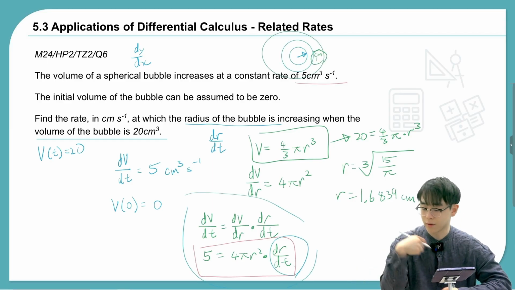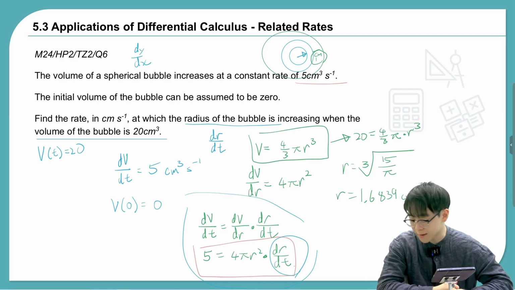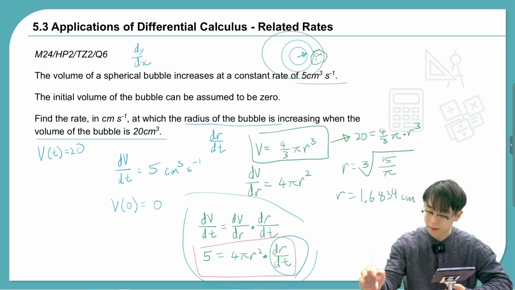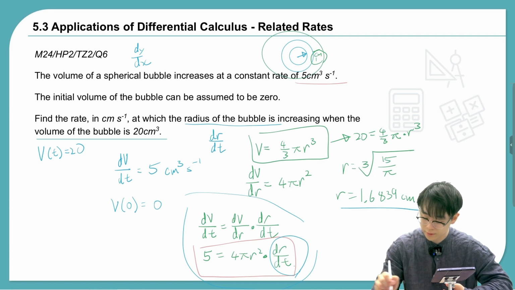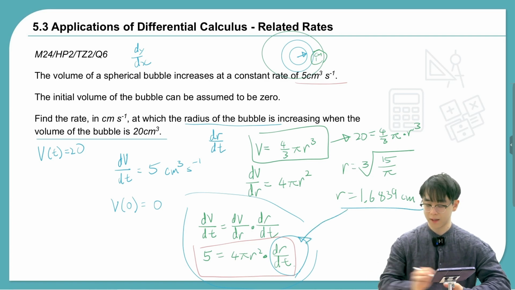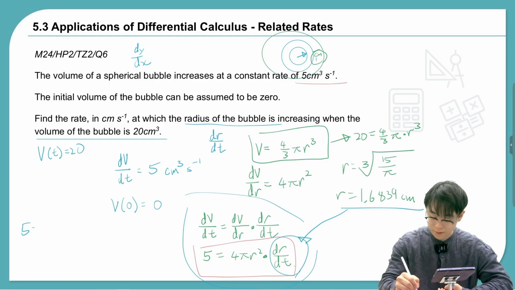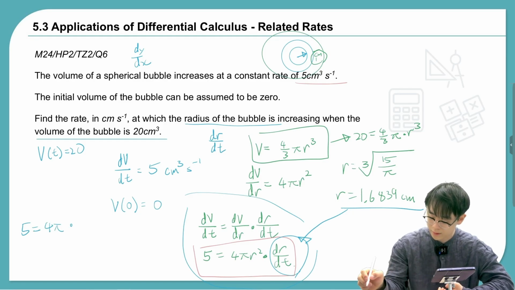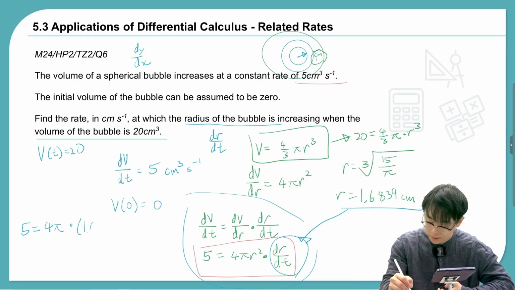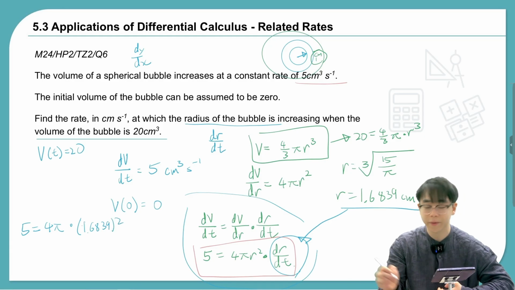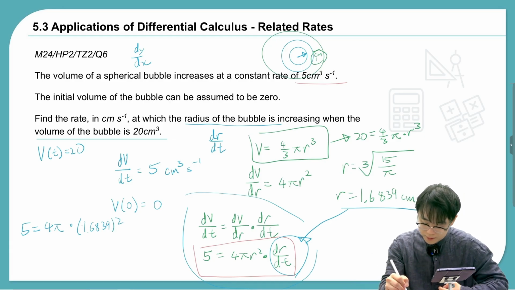In order to find dr over dt, we just need to plug our value of r into this formula. So we would have 5 equals 4 pi times r squared, which is 1.6839 squared, multiplied by dr over dt.